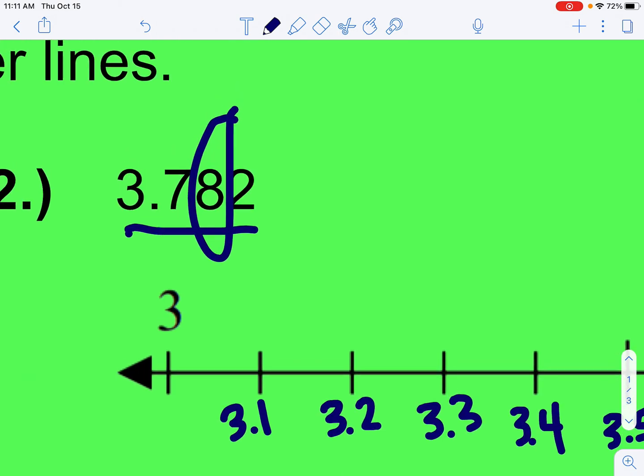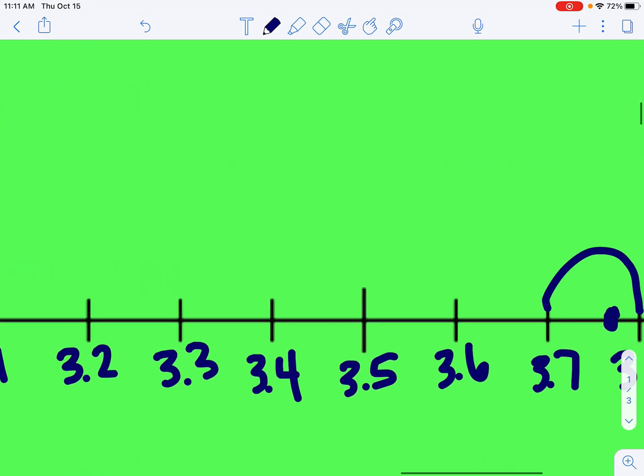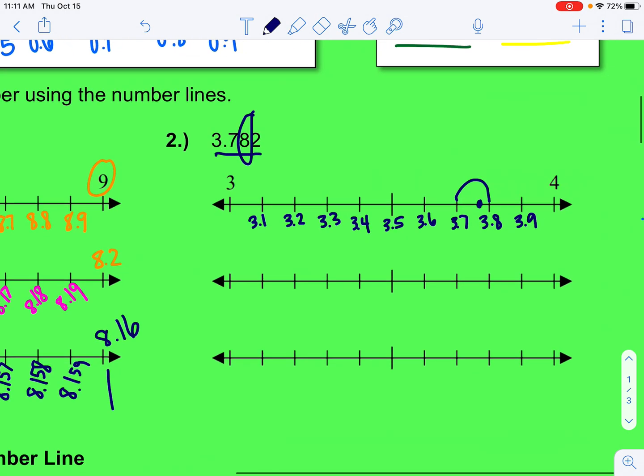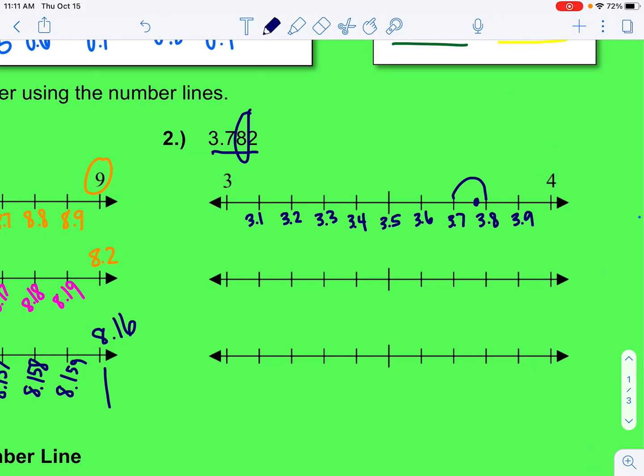And then our last number is really hard to use to figure out where it is on the tenths, but it's saying it's 82 thousandths. So I think this point right here is pretty close to where it would be. It doesn't need to be exact yet. It will be exact when we get down to the bottom.